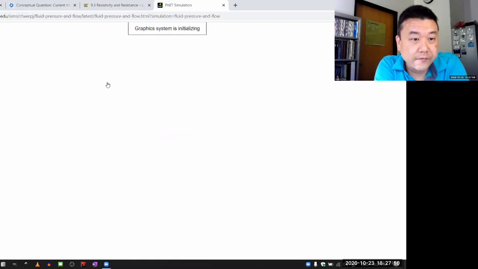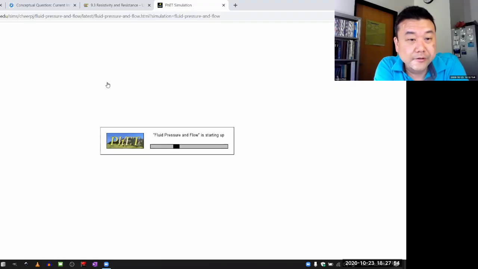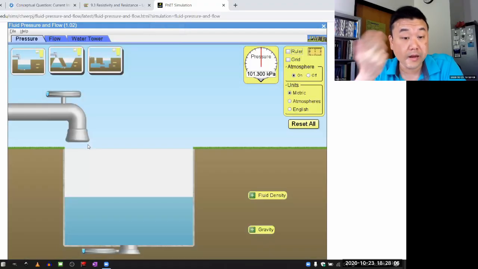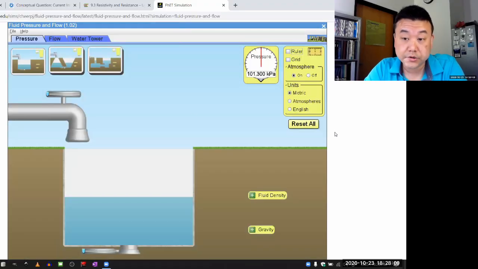By the way, this is an interesting innovation at PhET. With Java simulations, it used to be that you had to download them, but these days you can just run it right in your browser. It might not run on every device, but at least this is a really interesting innovation.